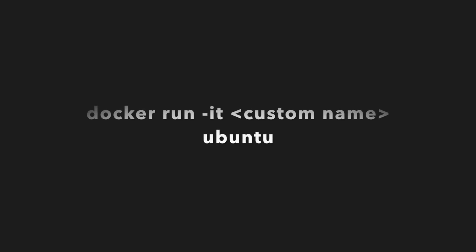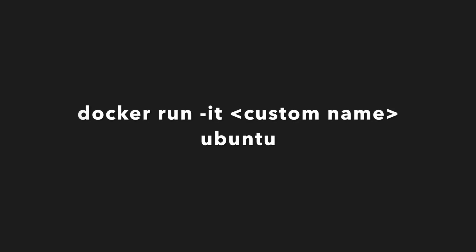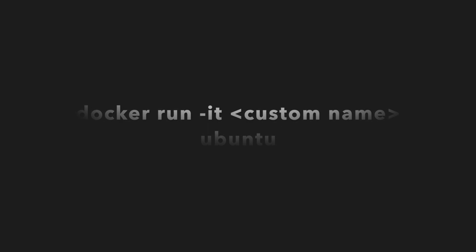So execute docker run dash it dash name. Now we pass the custom name. Let's say MLOps Ubuntu. Then the name of the image, that is Ubuntu. Now see, again it came, right?